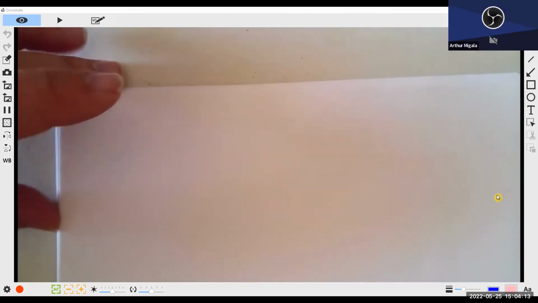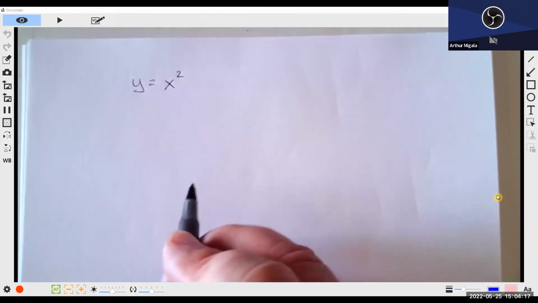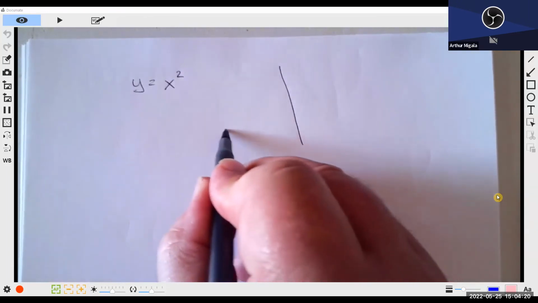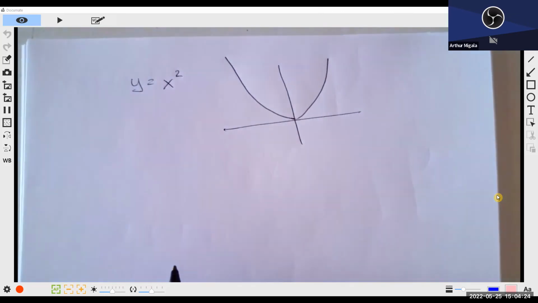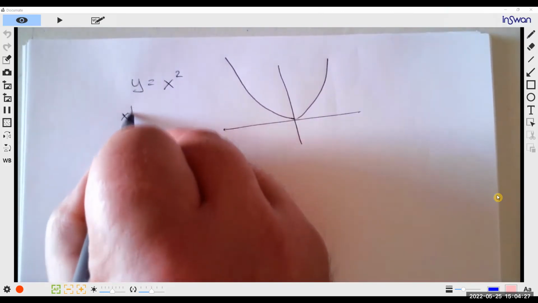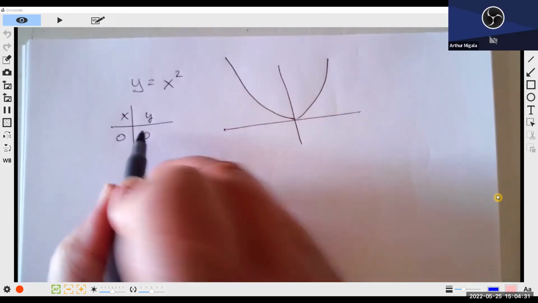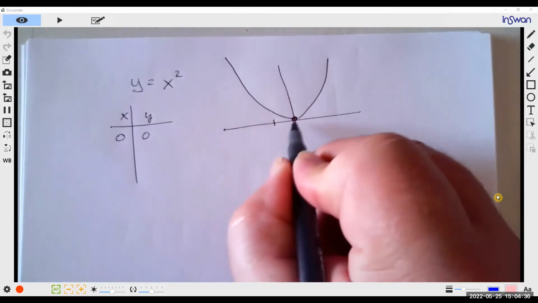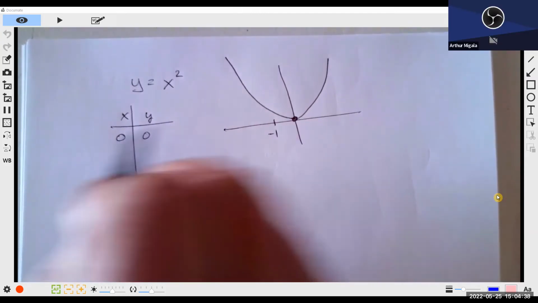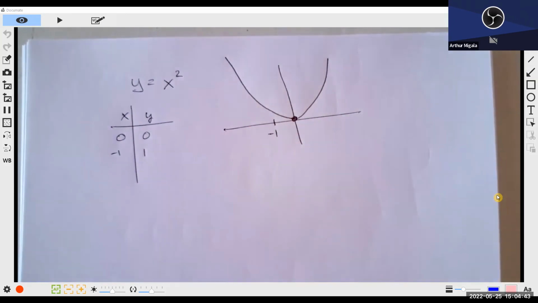Actually, let me show you using the basic y equals x squared. The graph of this one is like that. When x is 0, 0 squared is 0, so there's our vertex. If I go 1 to the left, -1 squared is 1.